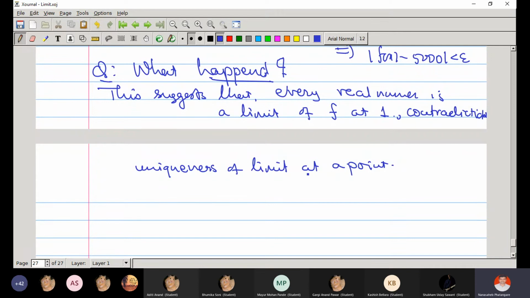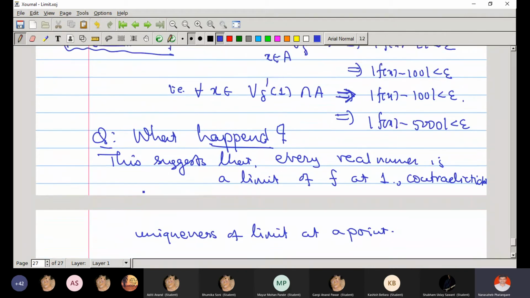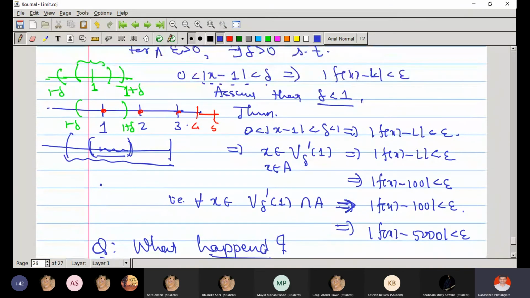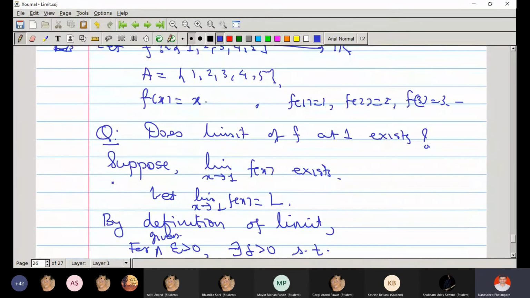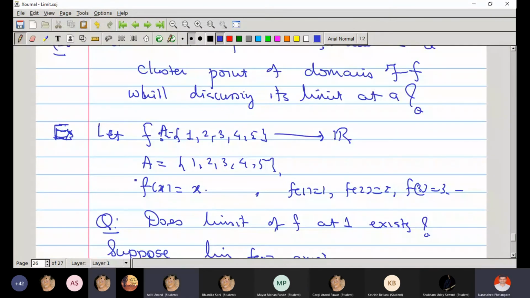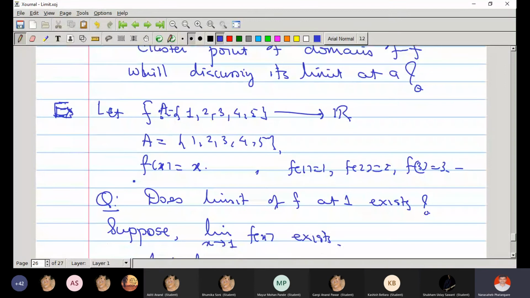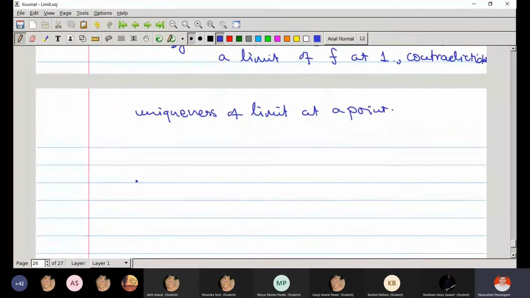And what is the moral of the story? What type of point were we talking about? 1. And is 1 a cluster point of set A? No, sir. So what is the moral of the story?